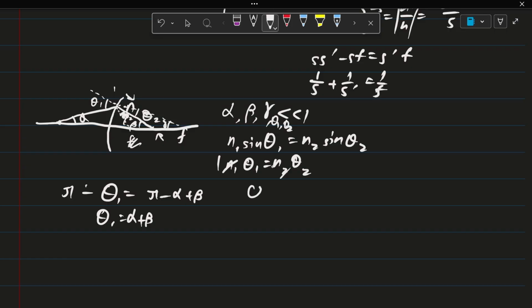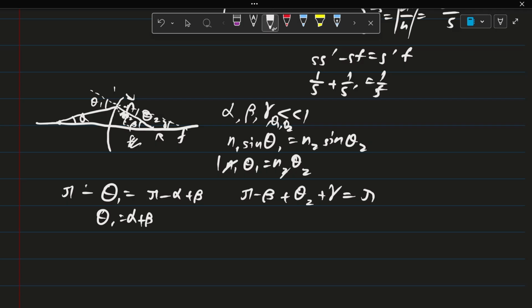And this also works for theta 2. So pi minus theta 2 is the same thing as pi minus beta plus theta 2 plus gamma, which should also be pi.